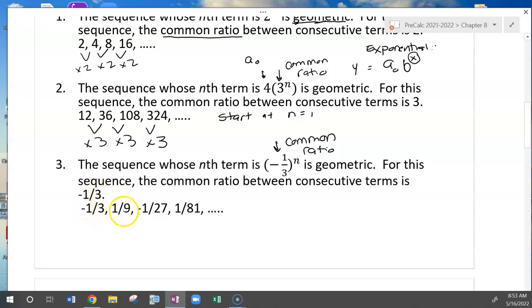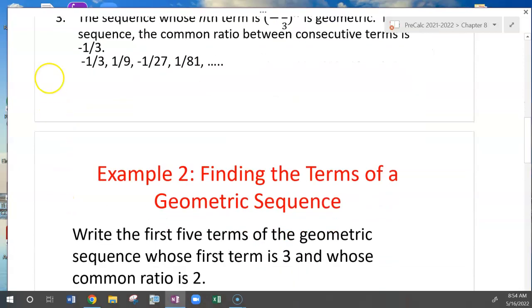And then multiply by negative 1/3, you have positive 1/9. Notice how the sign changed? And then multiply by negative 1/3 again, you have a negative 1/27, again sign change. And notice how each denominator is getting multiplied by 3. Sign change, and then multiply by negative 1/3, so you get positive 1 over 81.